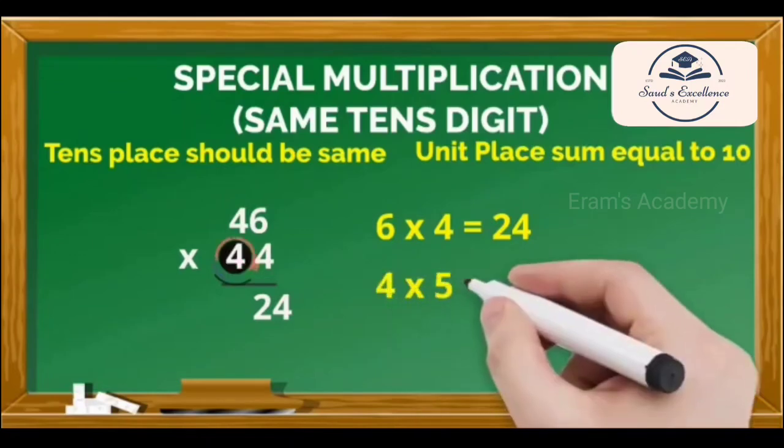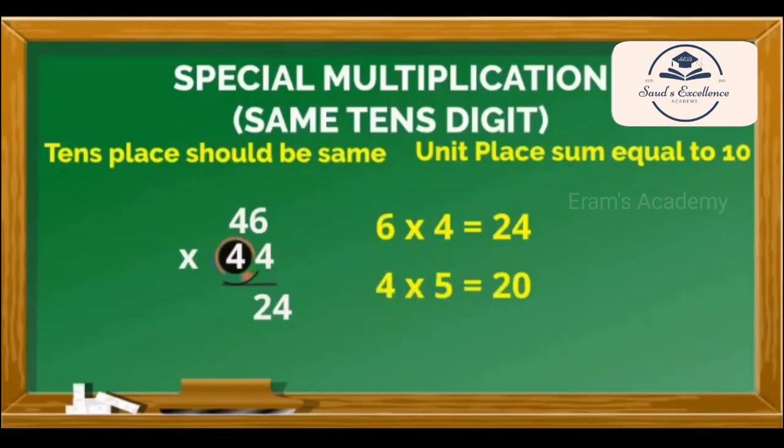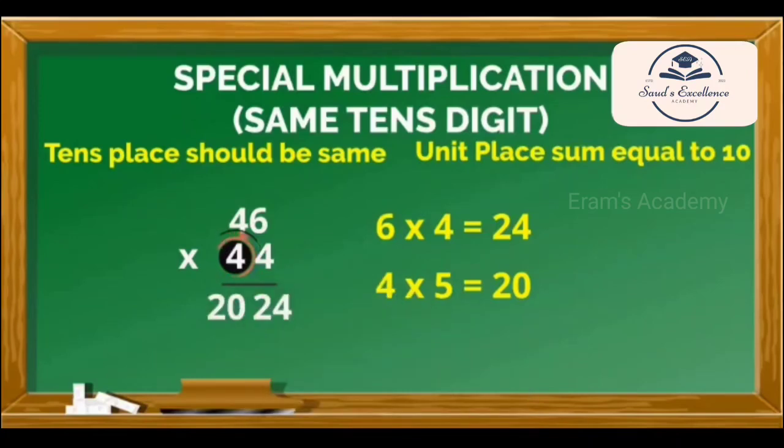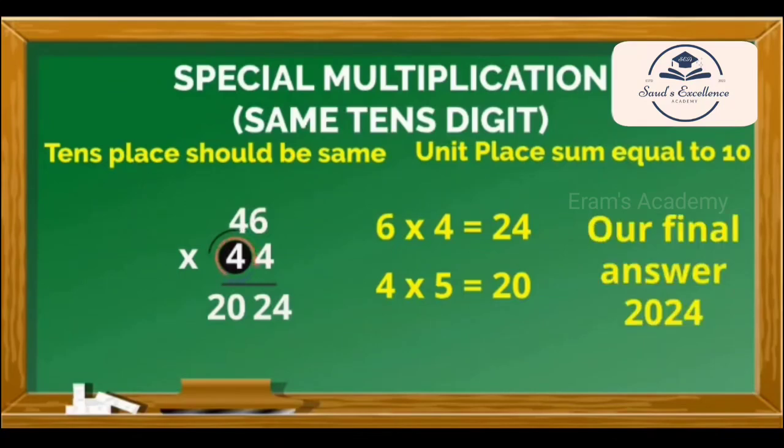Our next step is to multiply the consecutive number of the tens digit. Here our tens digit is 4 and the consecutive number will be 5, so we multiply 4 with 5 equals 20. We write 20. Our final answer is 2024.